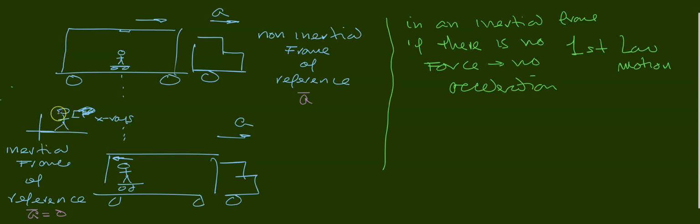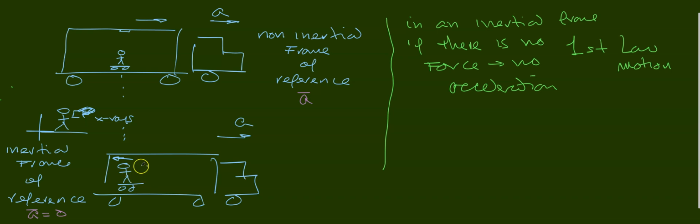From our point of view outside with the X-ray and everything, we clearly see that nothing is acting on the skater, right? And that's why he stays put. From the reference point of the truck, the person seems to move, to accelerate towards the left without any force being applied to him.